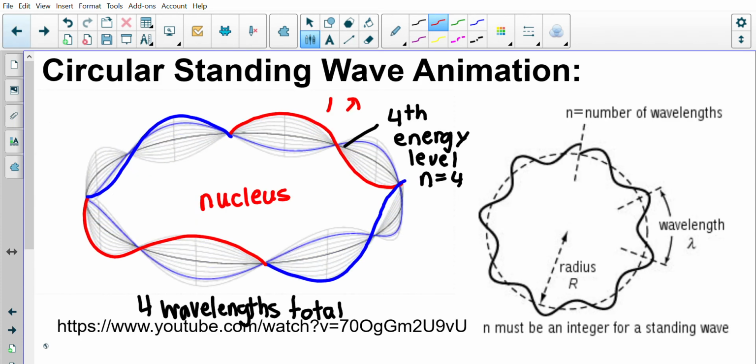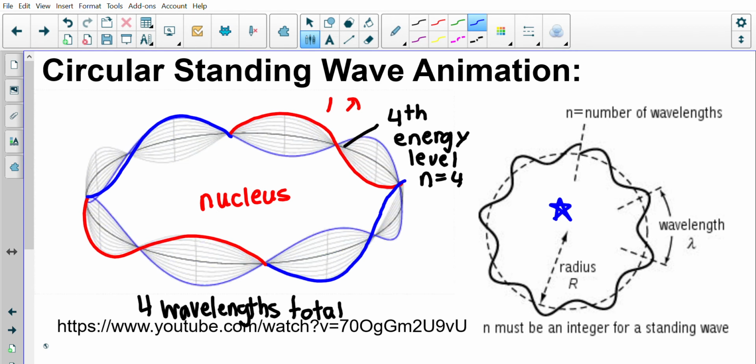So if we go back to this diagram for a second, we see here that we have a wave. So I'm looking at this one. And notice how right here, the wave doesn't join up with itself properly. That's because this is not exactly a whole number of wavelengths. So if we count the wavelengths here, we have 1, 2, 3, 4, 5, 6, 7, and a bit.